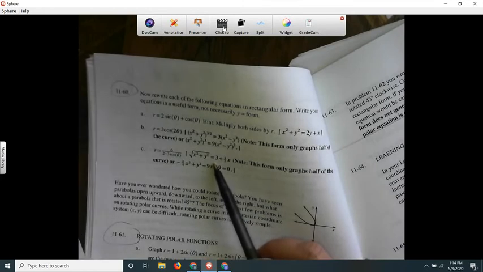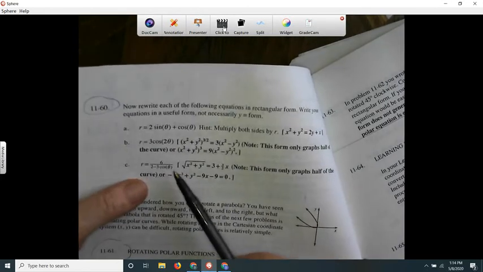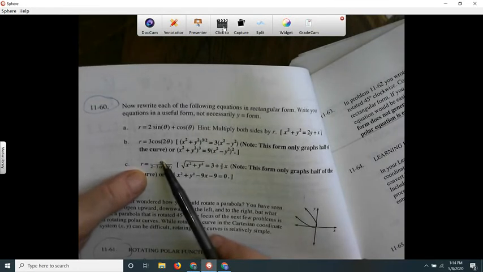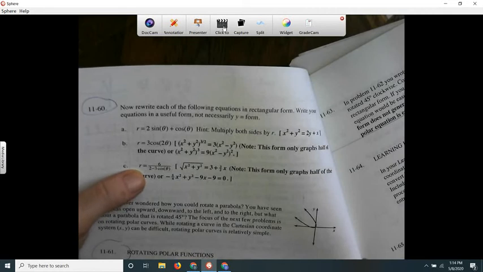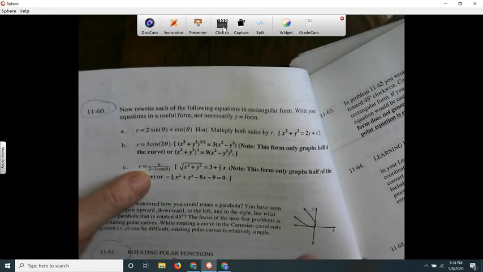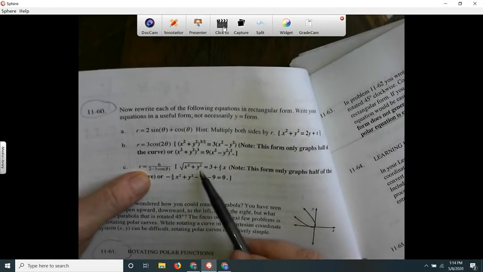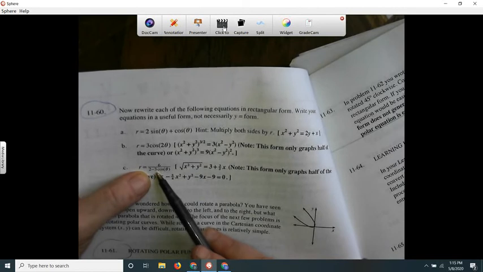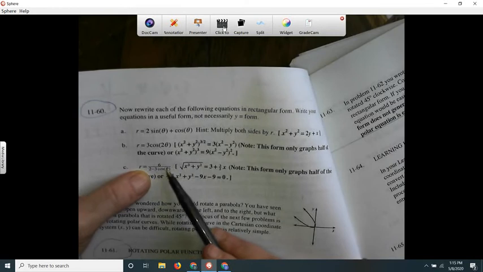And then if you split this fraction up, 6 over 2 gives us the 3, and 6 over 3 times cosine theta.